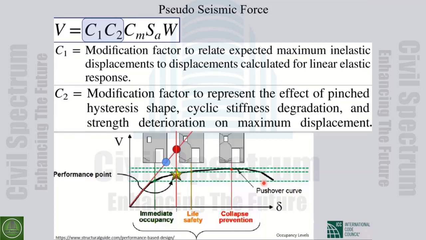Now that we are doing performance-based analysis, there are a few capacities. Up to here is the ductility capacity for IO. This is the ductility capacity for LS. This is the ductility capacity for CP.